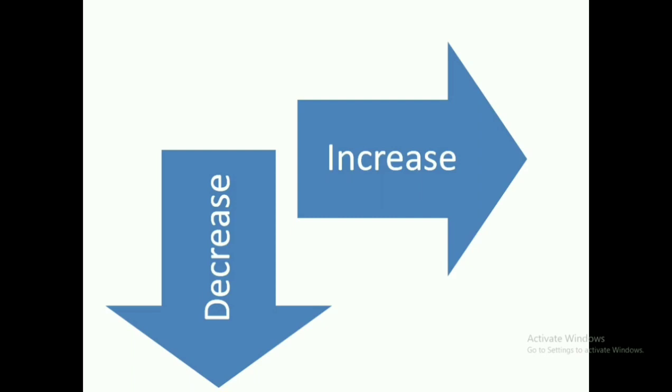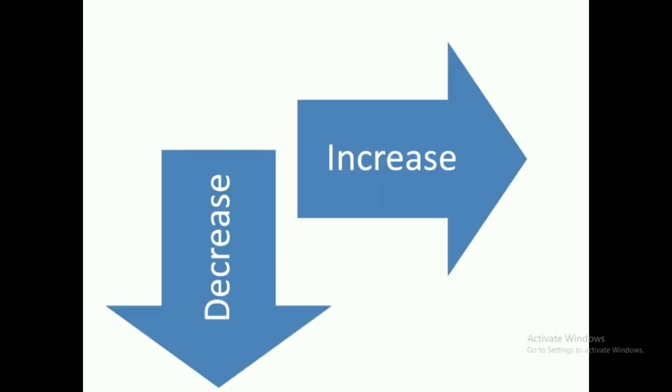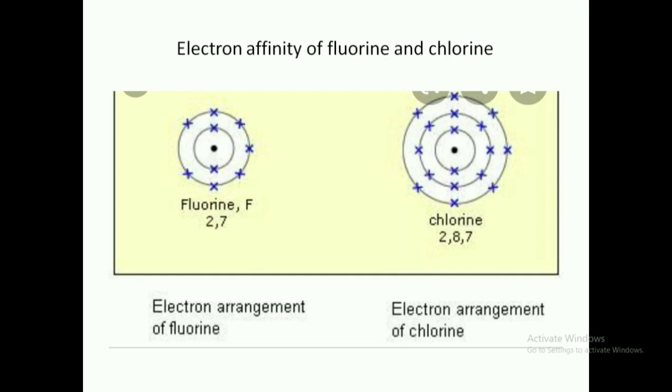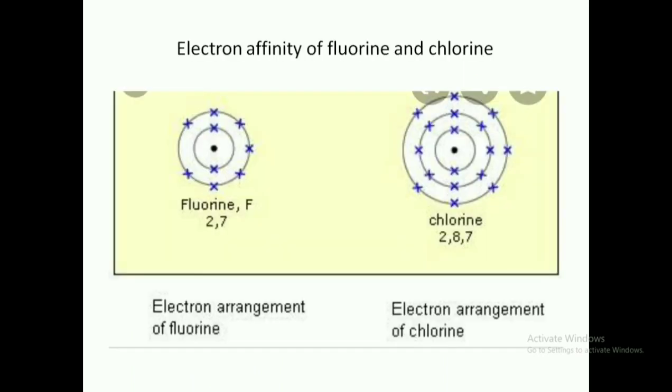But there are some exceptions, like the electron affinity of fluorine and chlorine. We know from top to bottom, electron affinity decreases. That means fluorine is in the top position considering chlorine. So, fluorine should have higher electron affinity than chlorine, but in the case of fluorine, we can see it has only 2 energy shells, and the outermost shell is the second energy shell.